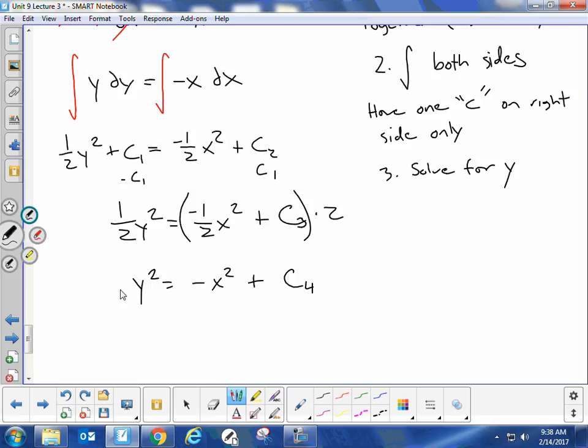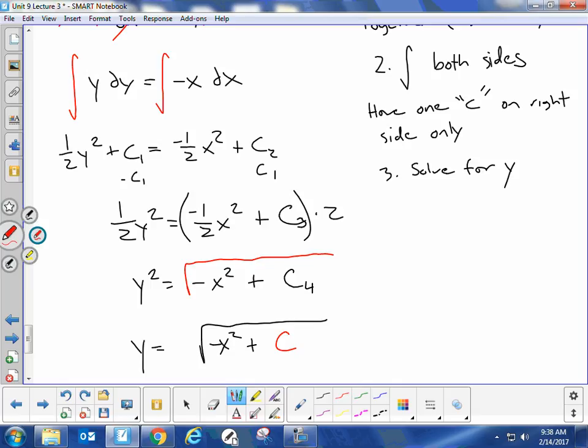Okay? And then finally, to solve for y, I need to square root both sides. Now, that would be square rooting the entire side, which means the C would end up underneath your square root. Excellent, Mr. Lentz.